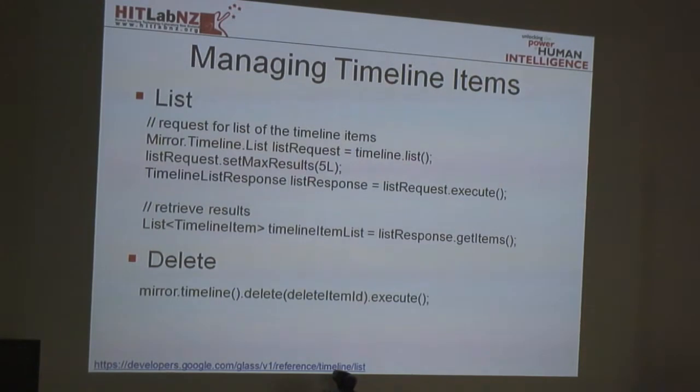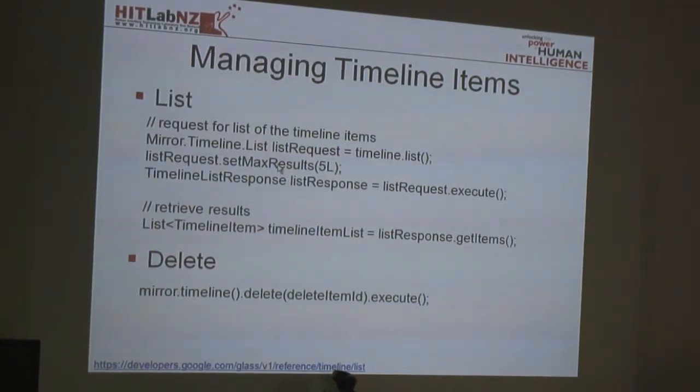Timeline items are grouped into different applications or web apps, so you cannot access cards that other web apps inserted, but all the cards you've inserted, you can access. Also, websites using the same API console project, even if you create multiple credentials for multiple websites, if it's under the same project, will be sharing the same timeline items.